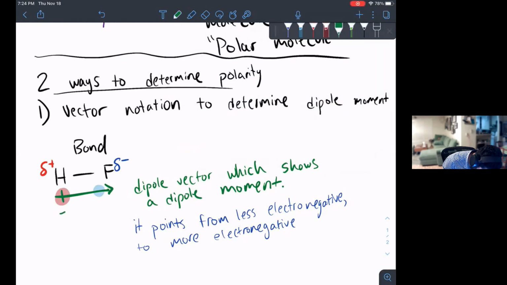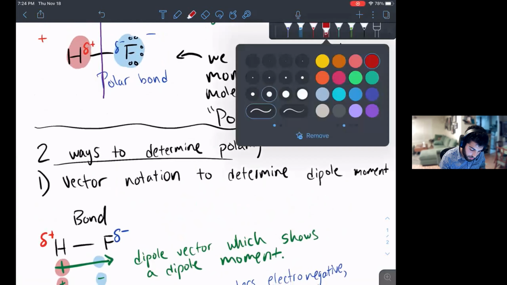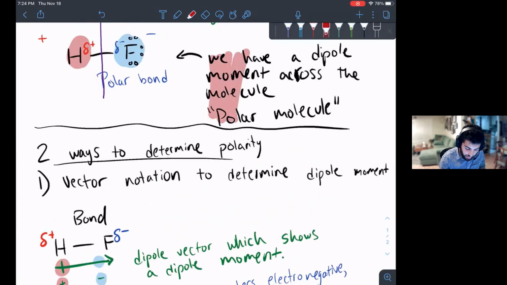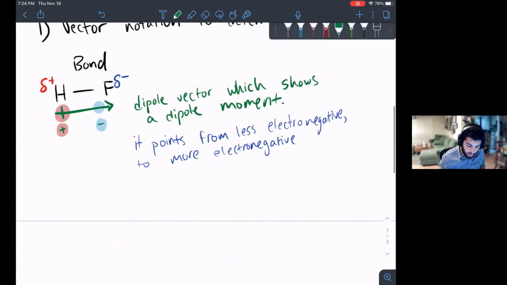You can see the little plus right here and the little minus right there. We'll go ahead and fill that in. So if you have a dipole moment, it's polar. That's what we said right up here: if we have a dipole moment across the molecule, it is a polar molecule. So that's method one.